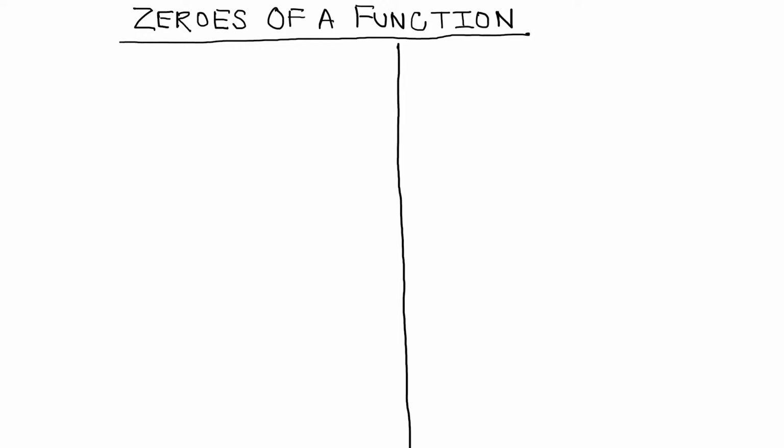Now, before discussing the zeros of a function, we should know what a function is and what the investigative things are that we use to investigate a function. We know by now that the basic ingredients to investigate a function are the domain and the range of the function itself.